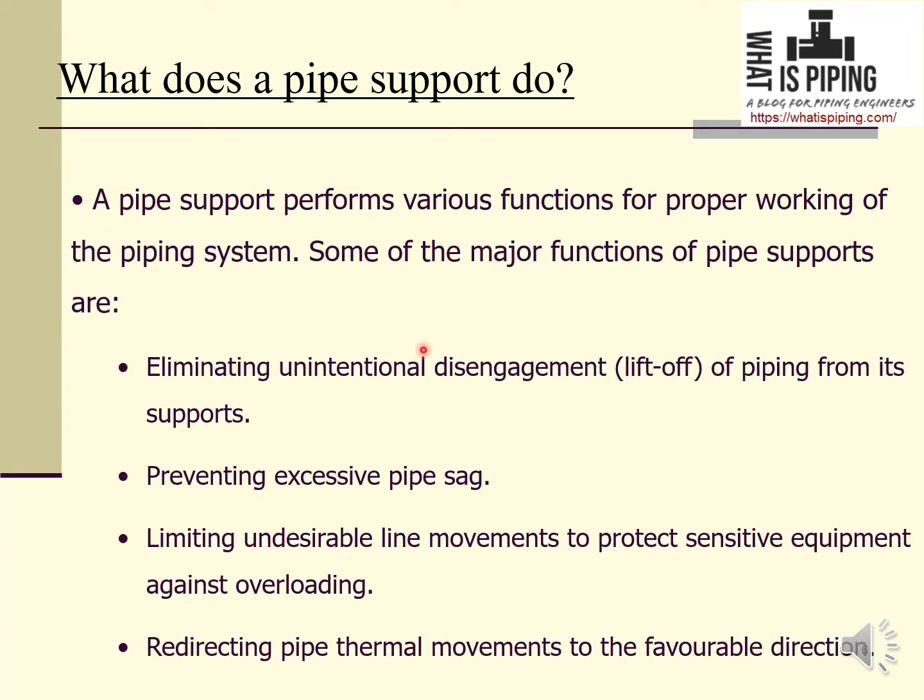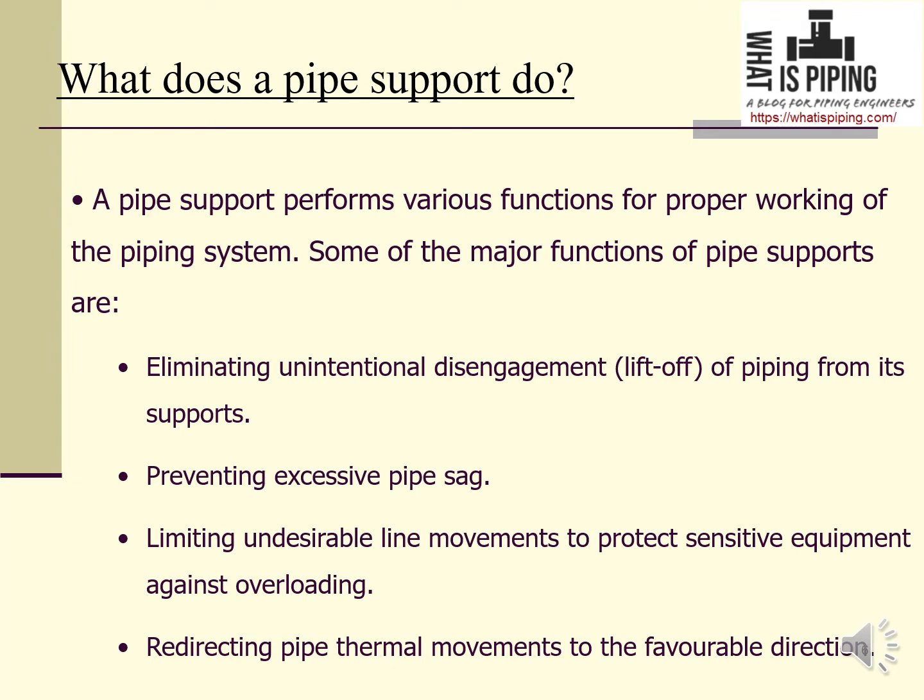Then eliminating unintentional disengagement of piping from its supports. So by proper selection of hold down or spring hanger supports, this unintentional lift off or disengagement can be prevented. Then preventing excessive pipe sags. Excessive pipe sags are not allowed in piping systems.